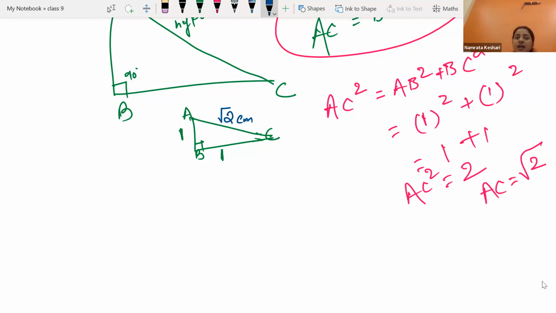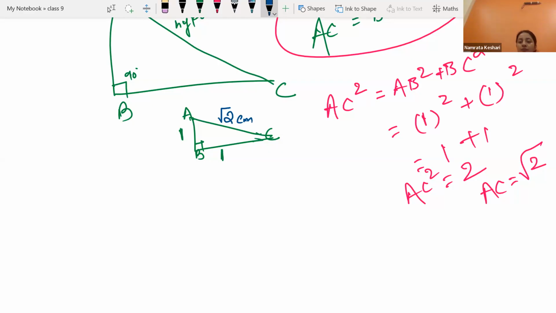Taking 1 centimeter as height and base is possible for us. We have a scale which will help us take 1 centimeter. So automatically the hypotenuse came out as root 2. We will use this concept over here.